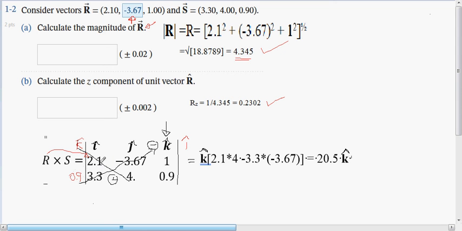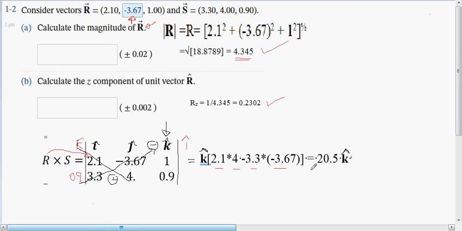Well, it turns out that the way the matrix is set up, we don't have to do much augmentation. The positive values are determined by coming down like this along the diagonal from upper left to lower right, and that gives us plus 2.1 times 4, and then we subtract from it the components starting from the lower left side and going to the upper right side, and those are right here, 3.3 minus 3.67.